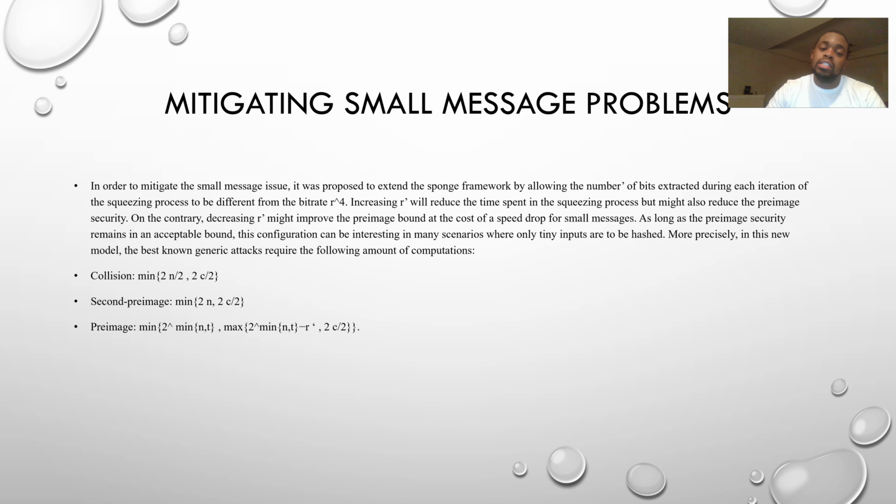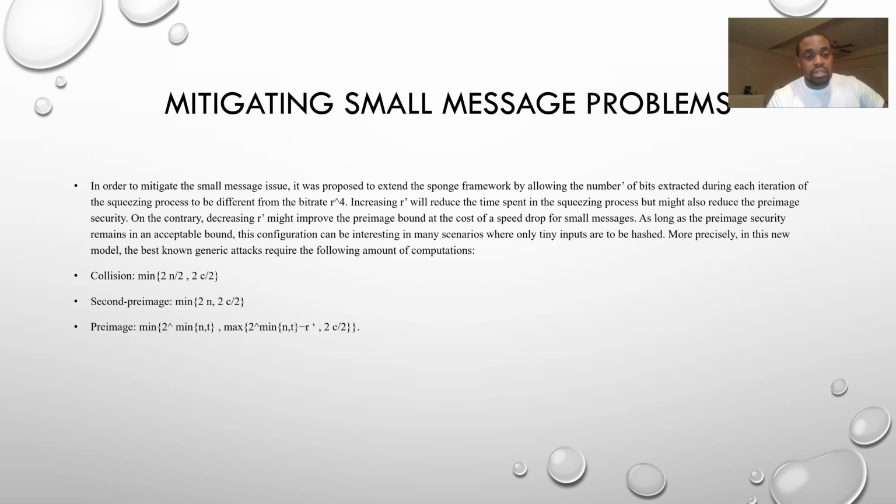In order to mitigate the small message issue, it was proposed to extend the sponge framework by allowing the number of bits extracted during each iteration of the squeezing process to be different from the bit rate r, called r prime. Increasing r prime will reduce the time spent in the squeezing process, but might also reduce the pre-image security. On the contrary, decreasing r prime might improve the pre-image bound at the cost of a speed drop for small messages.